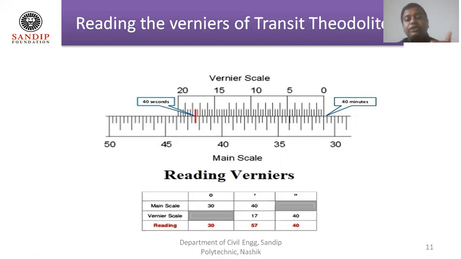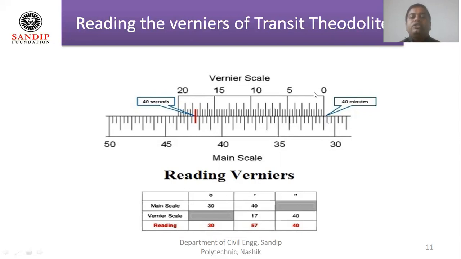If this 60 minutes is divided into 3 equal parts, each small part shows 20 minutes. Now in this figure, this 0 touches 30 degree, 20 minute and 40 minute. After 40 minutes, this 0 touches.